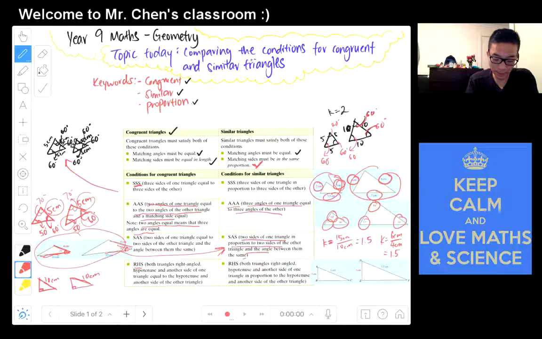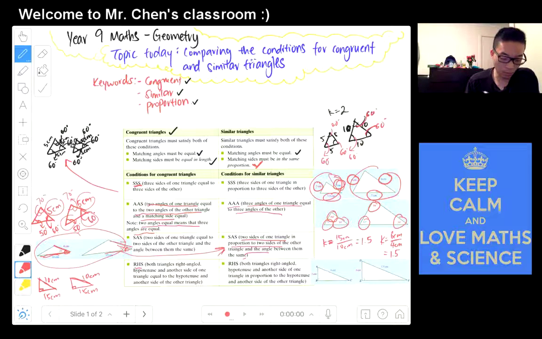Okay, and also another side of one triangle is equal to another side of the other triangle. So that means the other one has to be the same, which makes it 15 centimeters.